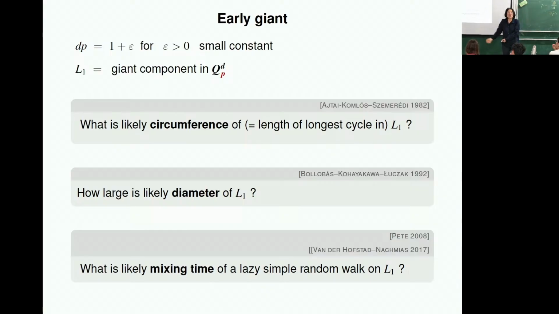To avoid such a situation, since it's not ergodic, you stay where you are. So-called lazy. With probability half, I will stay, and then I decide where I go. Then the Markov chain becomes so-called ergodic, and then therefore you can talk about the mixing time. So mixing time is a typical question, and also for different p, the things are answered. The open questions are in this range.